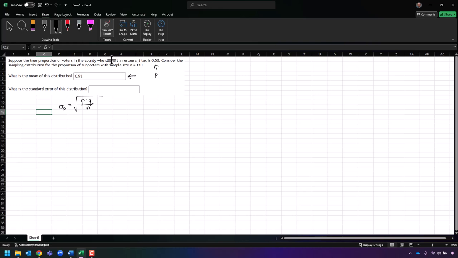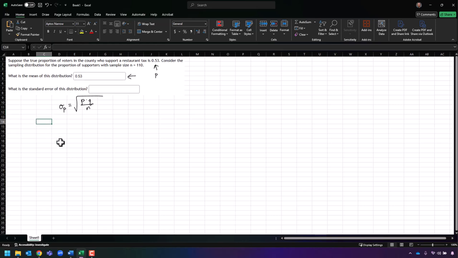So in this one, our standard error would then become, well, there's a few things I should check out ahead of time here. P, the probability of success here, is 0.53. Now, Q is 1 minus P, and that's going to be 1 minus 0.53 here. And then N is our sample size, in this case 110.